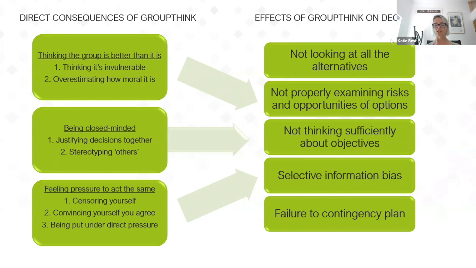As a group, when we are subject to groupthink, we start to exclude things that don't fit into the decisions that the group is making. So we become much, much worse at considering alternatives because we're not looking at all the information. And finally, it makes us pretty disastrous at contingency planning because we put the blinkers on and we ignore anything that doesn't conform to what the group has said.